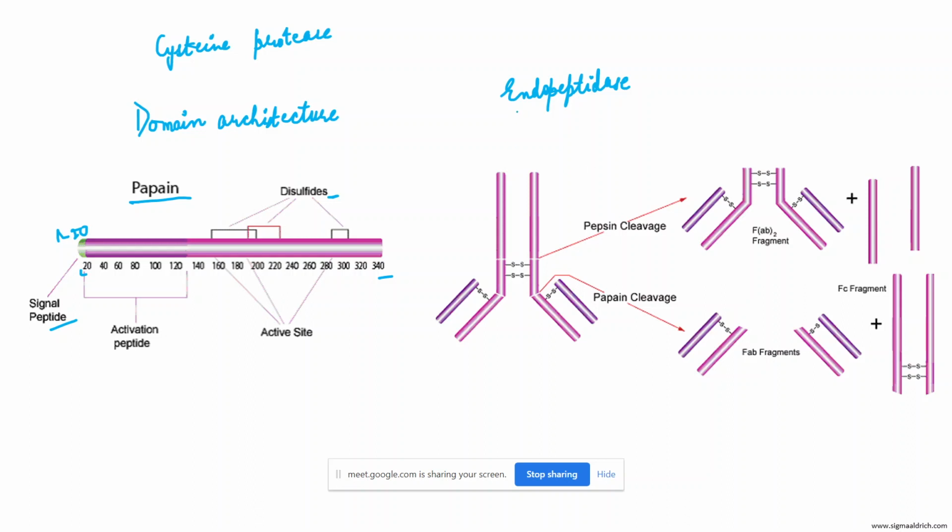As the name suggests, endo means it is not going to cut at the ends. Rather, it is going to cut in between. Here, for this antibody, we have the Fc fragment and the Fab fragment.